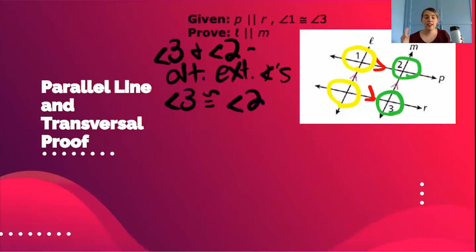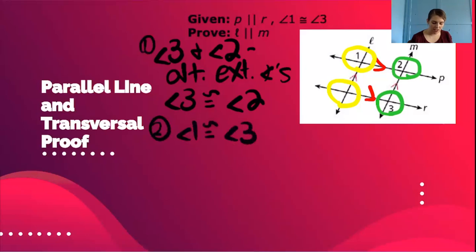And that's everything I know for my first given. So now looking at my second given, so this was my first one. Looking at my second, I know that angle 1 is congruent to angle 3.